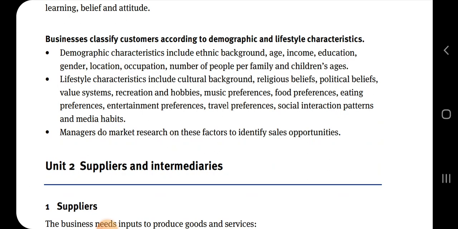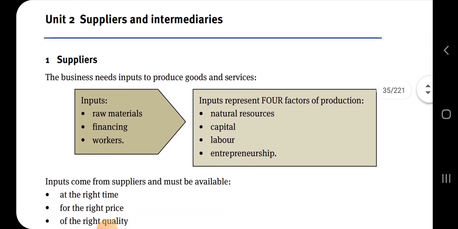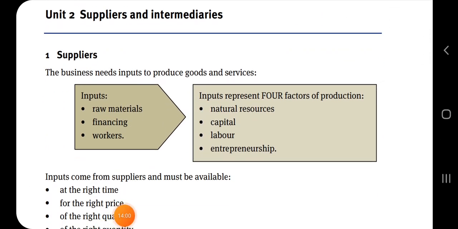So that is the difference between a store like Woolworths and Pep Store: targeting different customers. So we have demographic characteristics and lifestyle characteristics, and managers do research on these factors to identify sales opportunities, where they can find more people to buy.